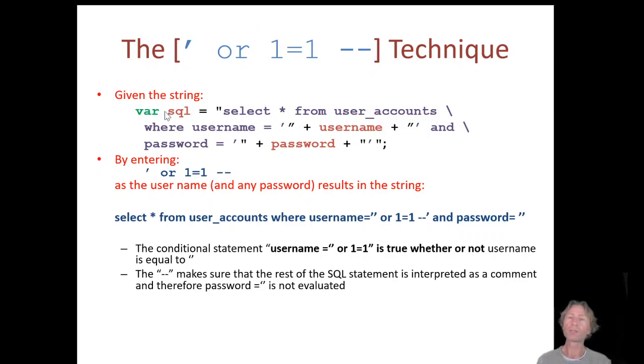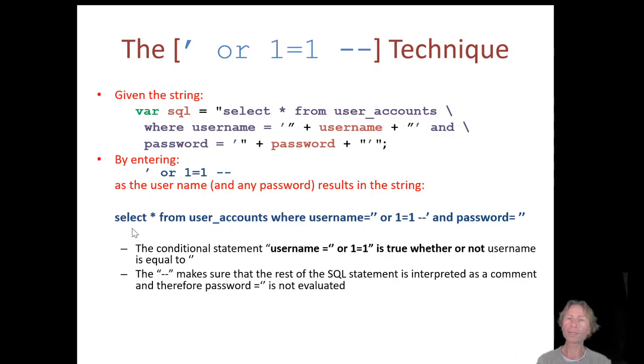Here again we see the crafting of the query with the username and the password, and now we enter as a username this particular set of characters, tick or 1 = 1 --, and whatever password we want. We don't care about the password. What will this query look like?